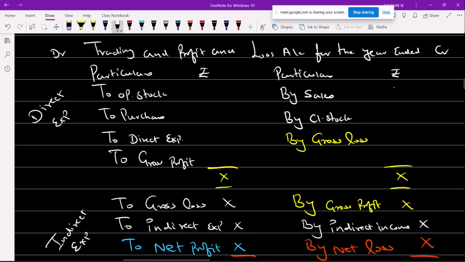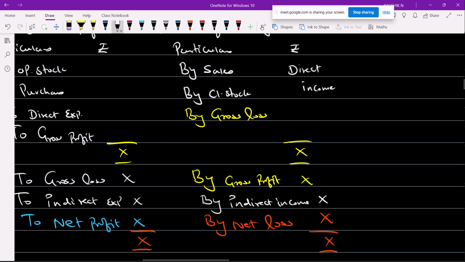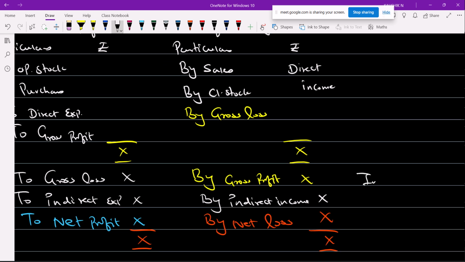And here on the credit side you'll have direct income, and over here in P&L you'll have indirect income. So you can see that the direct items get clubbed with your indirect items, and that gives you the final output as profit or loss. So that net profit or net loss consists of the combination of both direct and indirect items.